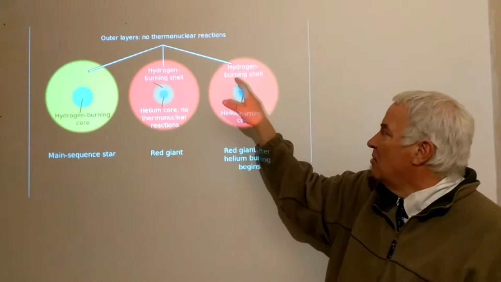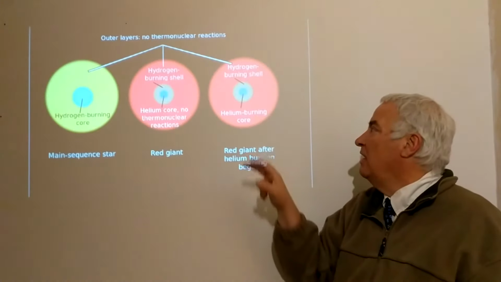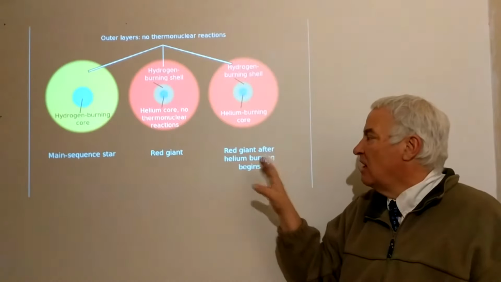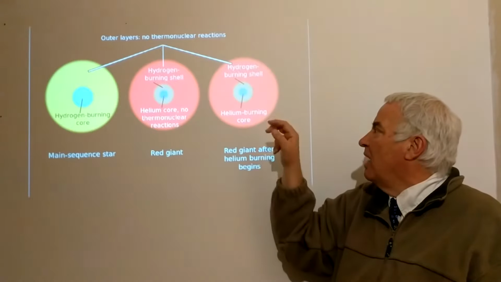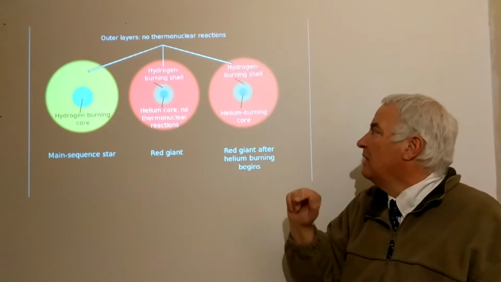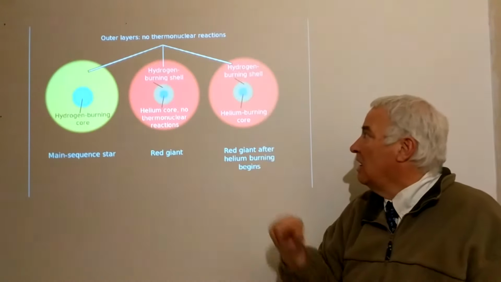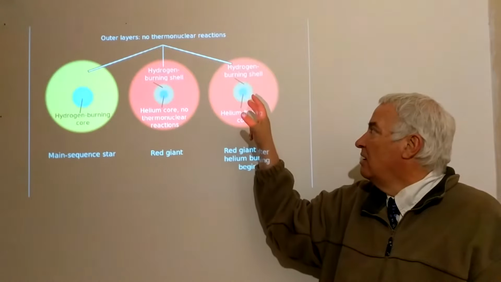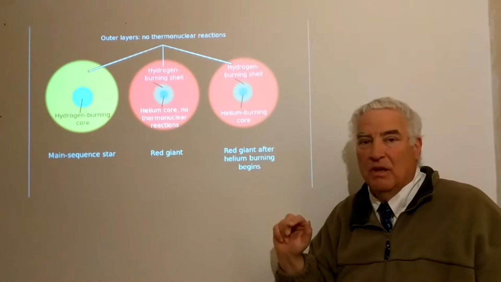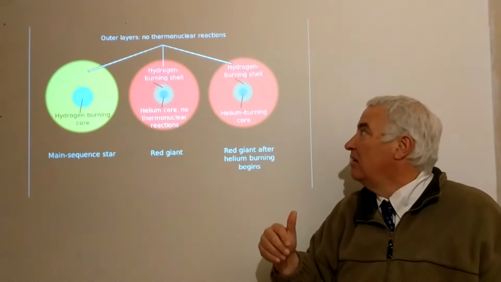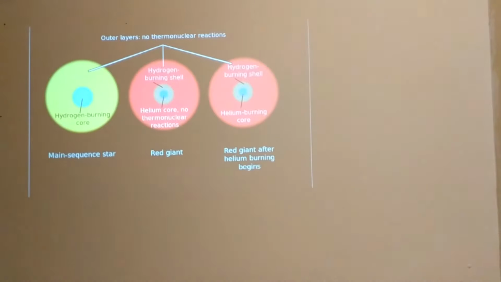There's also some reactions taking place in the shell surrounding the core, but in the horizontal branch, the nuclear reactions are taking place predominantly in the core, but also somewhat in a shell surrounding the core. And the reactions are hydrogen into helium in the shell, but helium into carbon and some oxygen in the core of the star. And so that is the horizontal branch star.